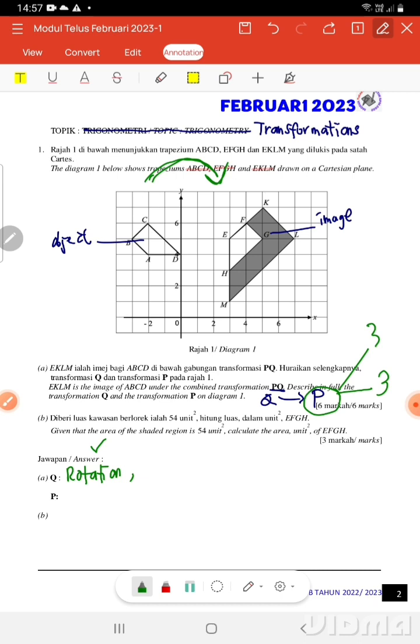Next, you must make one line from the object to the image. Meaning here you have to find any point, either A or B or C or D, and then pair it with the image EKLM.